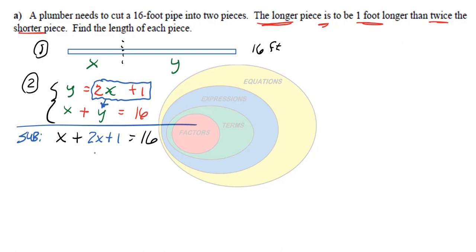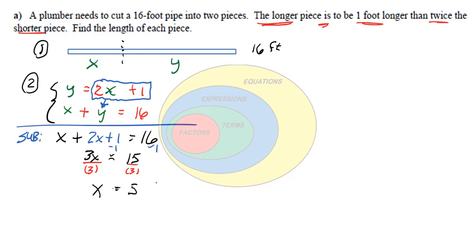So we start solving. We combine like terms, we get 3x, and we subtract 1 from both sides. We get 3x equals 15. Then dividing by 3, we get x equals 5.